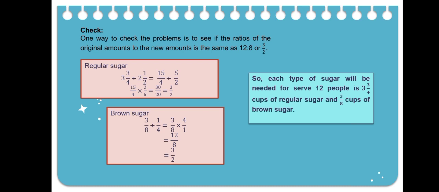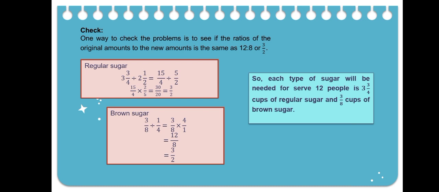Next, for brown sugar: 3/8 divided by 1/4. Again, the same as the first way, from dividing we change it into multiplying by flipping the form of the number that we are going to divide by. So 3 over 8 times 4 over 1.